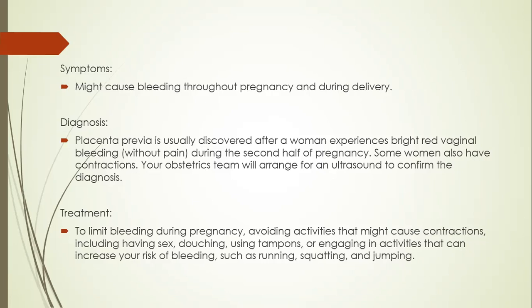In modern studies we can't say you have to avoid sex, but you have to modify the positions so that the male thrust is not directly applied on the womb, or the placenta previa portion might start bleeding.